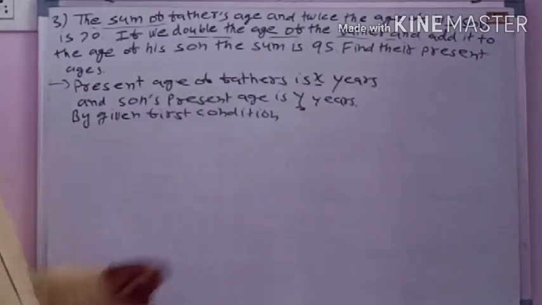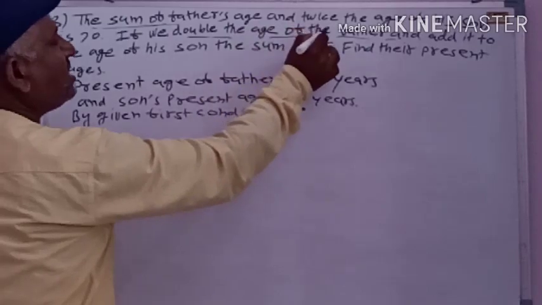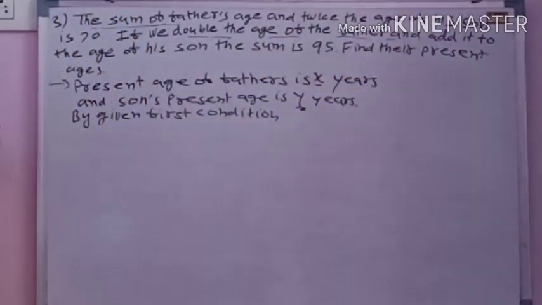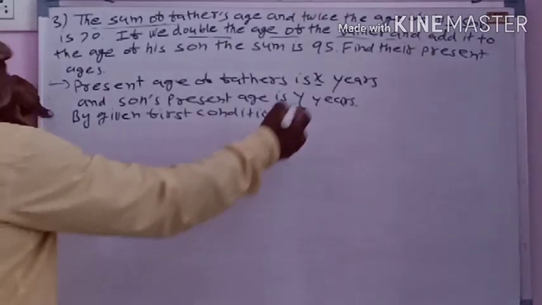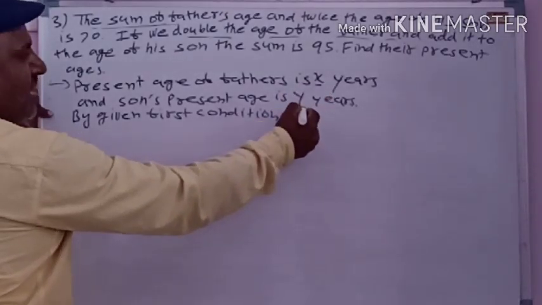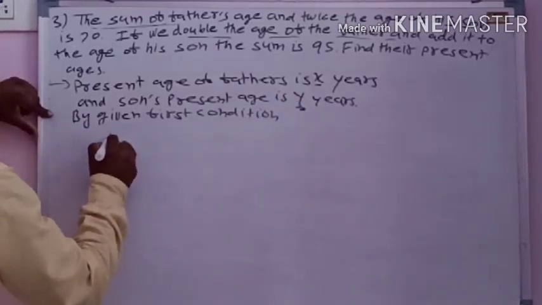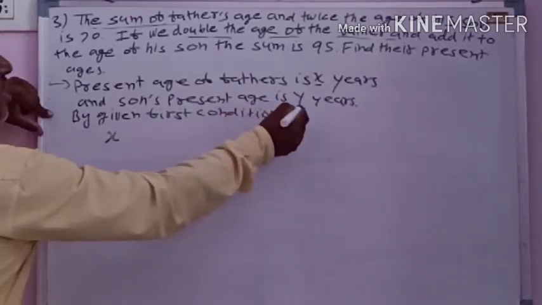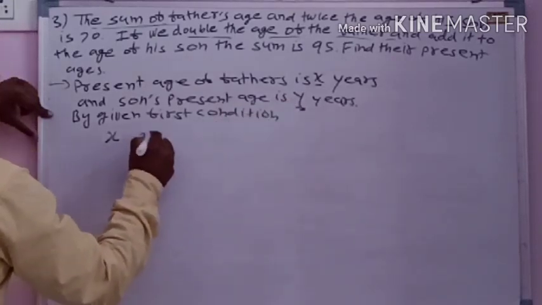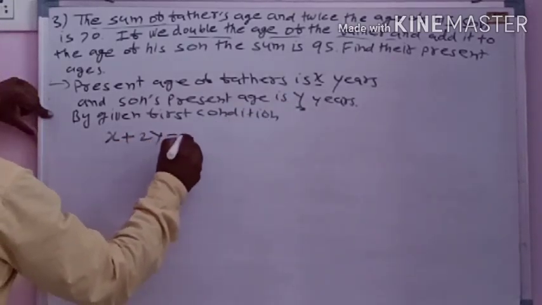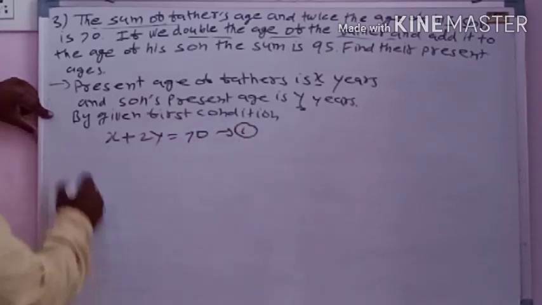By the given first condition, the sum of the father's age and twice the son's age: father's age is x and son's age is y, so x plus twice y, and the sum is 70. This is equation 1.